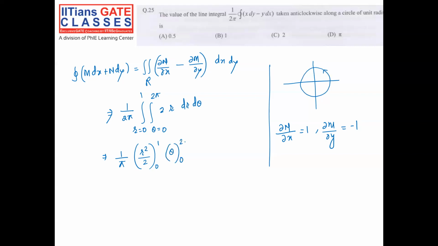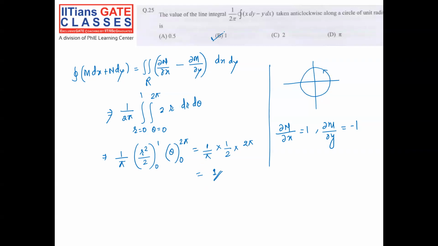If you solve it further and put the limits, 1 upon pi into r equal to 1 gives 1 upon 2, and if you put theta equal to 2 pi, it is 2 pi. So 2 pi will get cancelled out with each other, and you'll end up with the answer as 1. So option B is correct in this case.